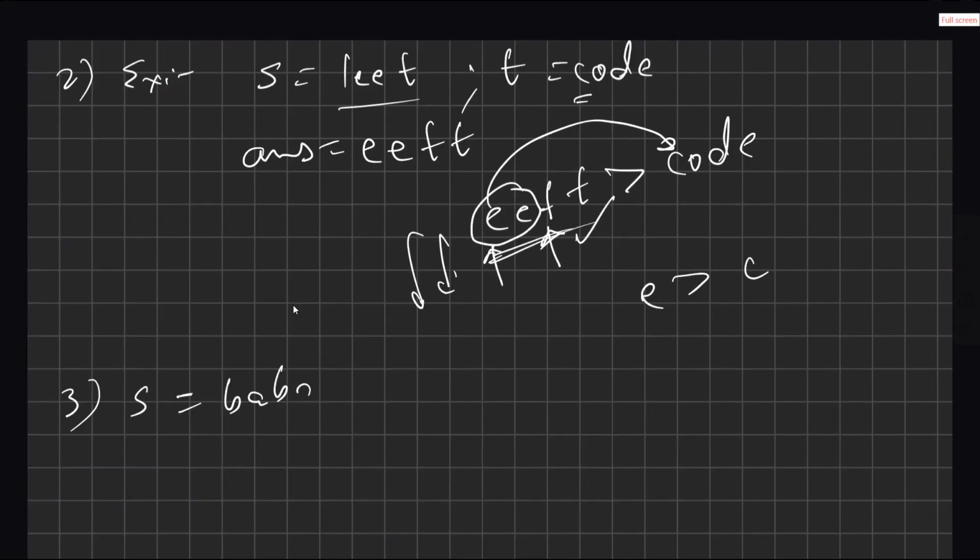We have BA and the target is BBAA. Okay, now if you try to construct, what can you construct?